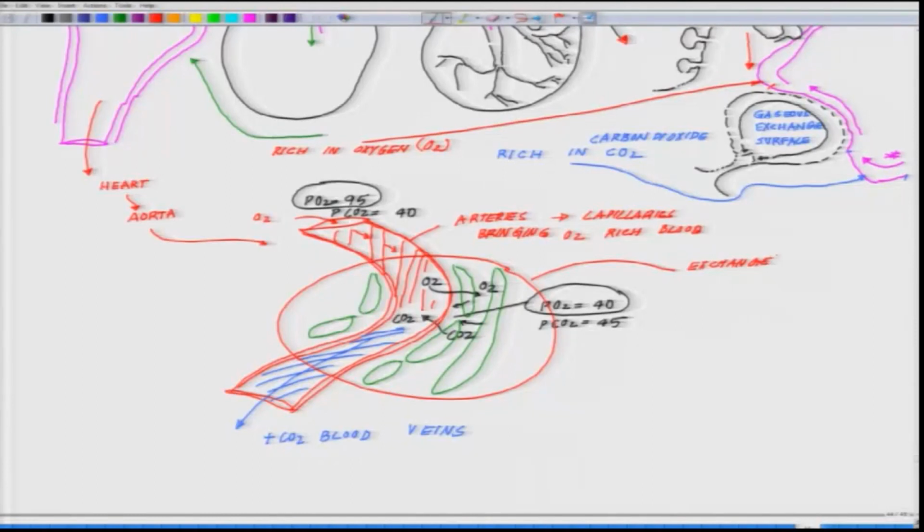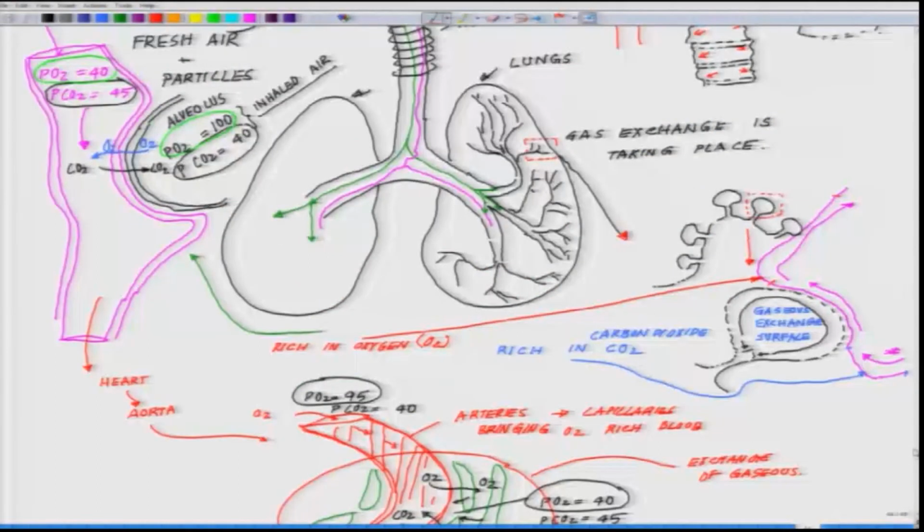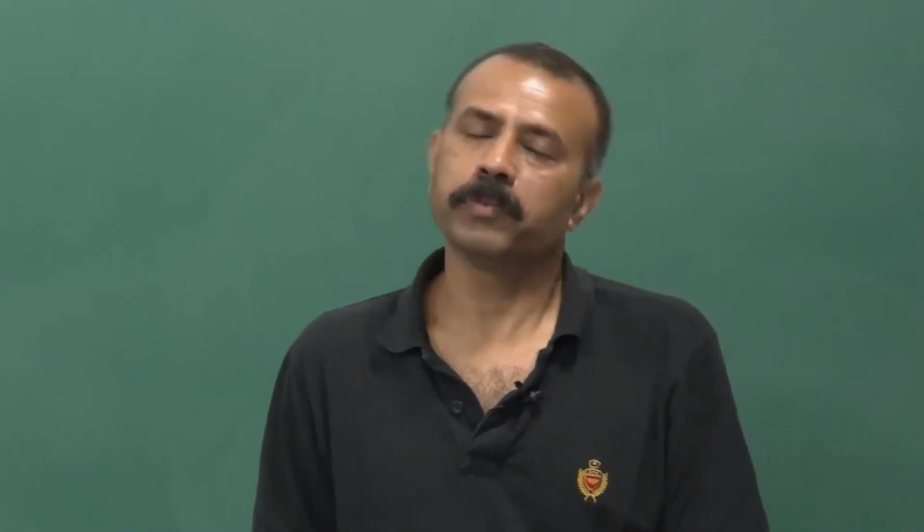So, now you have a comparative picture of gaseous exchange in the tissue as well as in the lungs. So, now you know the values, you can compare the values, and that is the basic fundamental of respiratory physiology that you needed to know. Thank you.